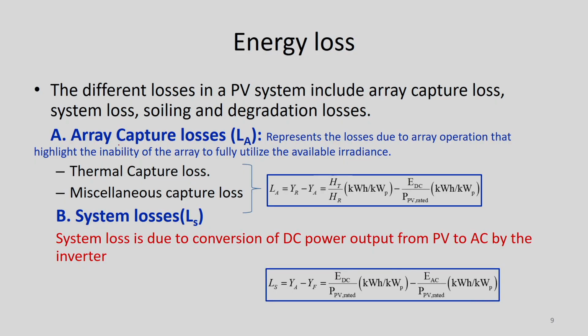One is array capture losses, which represents the losses due to array operation that highlight the inability of the array to fully utilize the available irradiance, which includes thermal capture losses and miscellaneous capture losses.